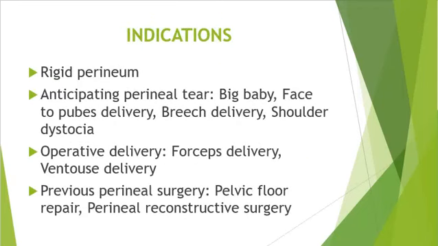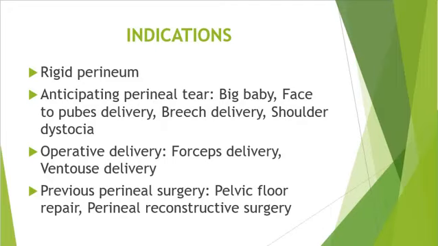So episiotomy need not be given in every case of delivery. So what are the indications of episiotomy? The most important indication is rigid perineum, then anticipating perineal tear. Like if there is a big baby, or face to pubes delivery, that is occipito-posterior position, breech delivery, or shoulder dystocia, where we may need manipulation.